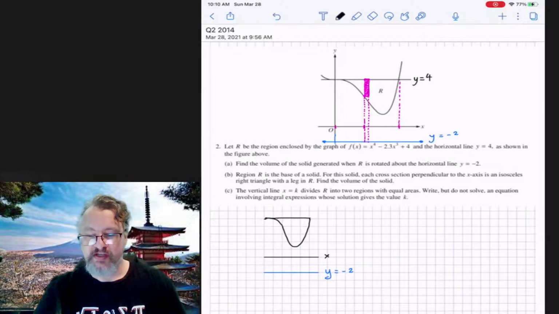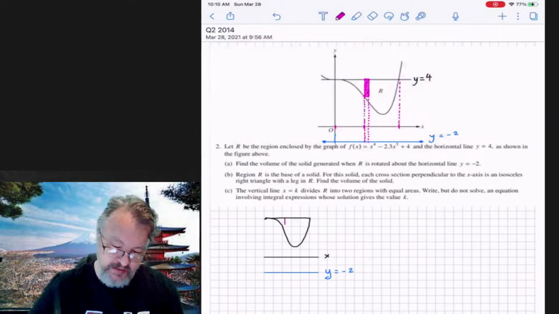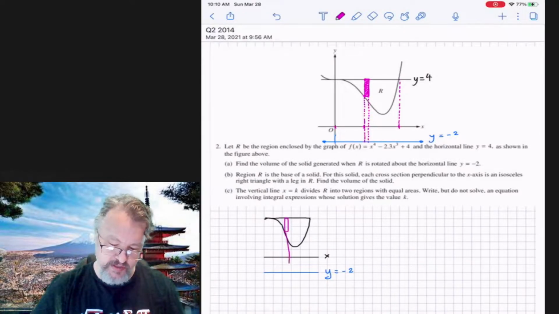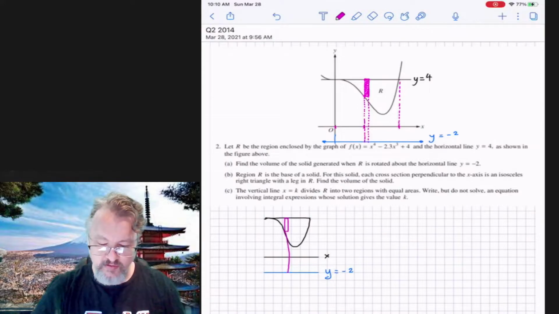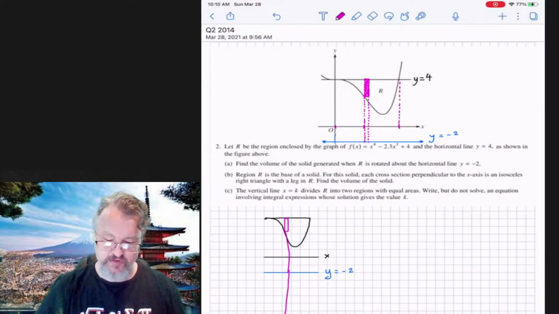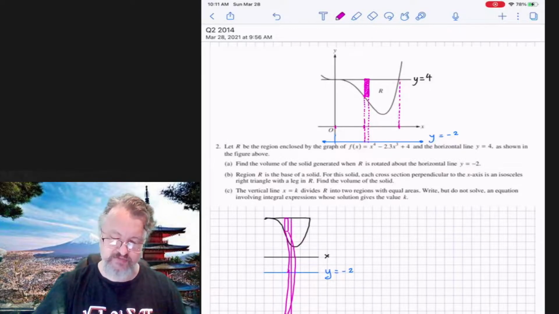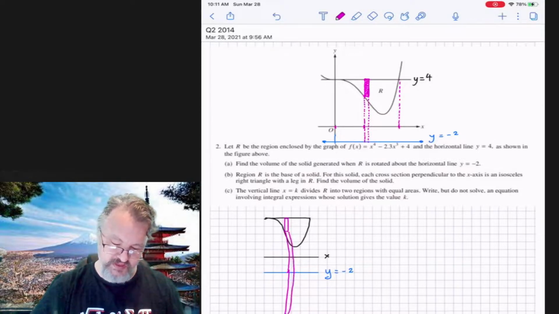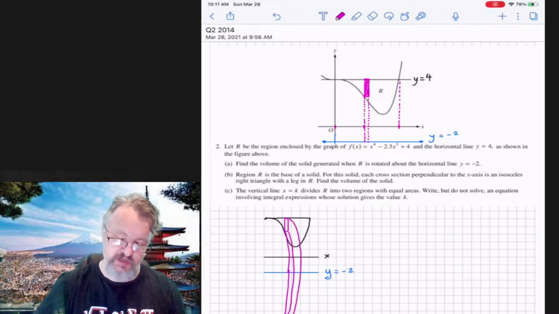And when I rotate that little rectangle around the axis, that's going to give me something like this. I'm just drawing half a disk right here.